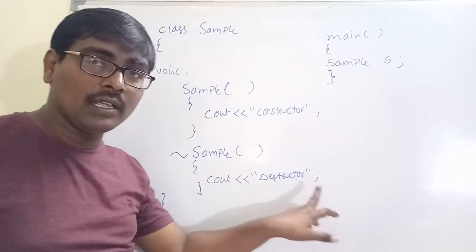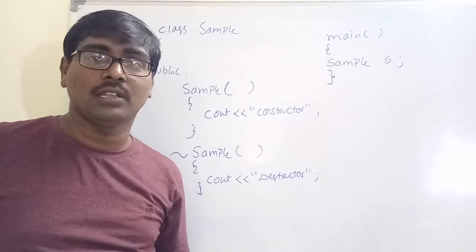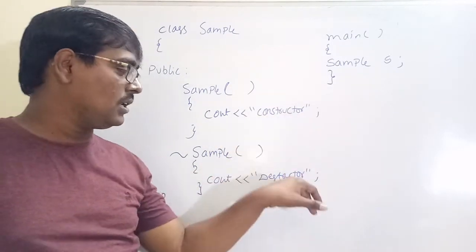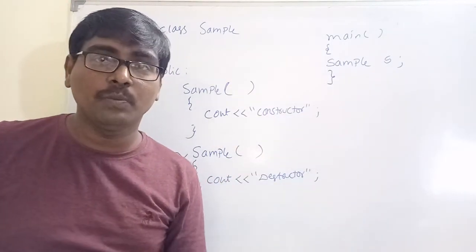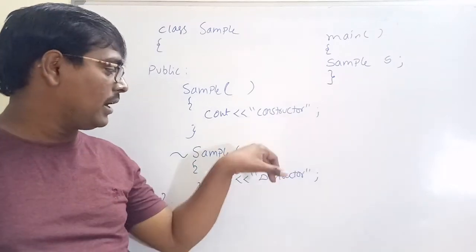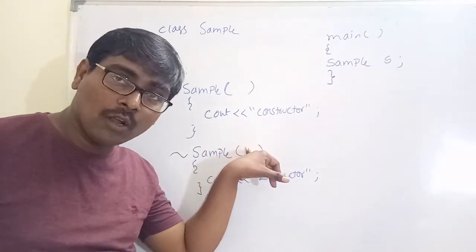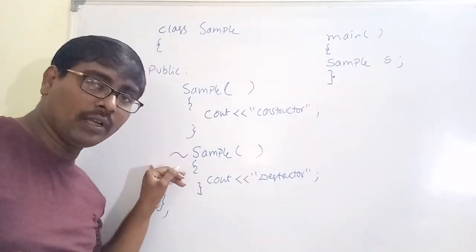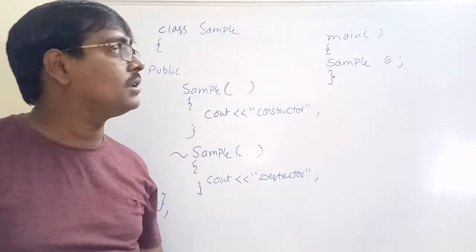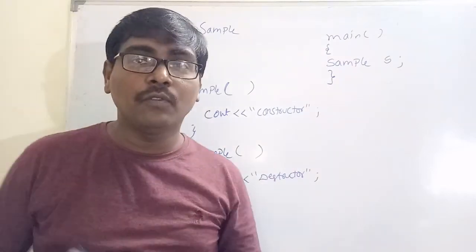So destructor is also printed on the screen. You got it? First constructor and then destructor is printed on the screen. And here no overloading is performed, no arguments are passed, no return type, only the tilde symbol. This is the concept of destructors.